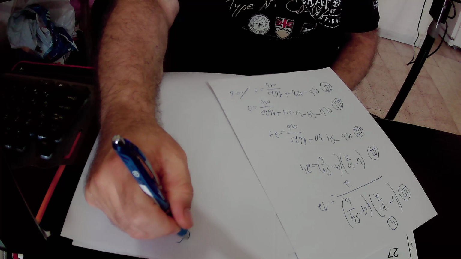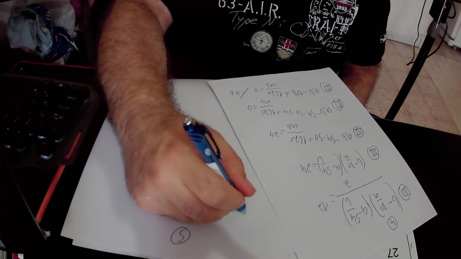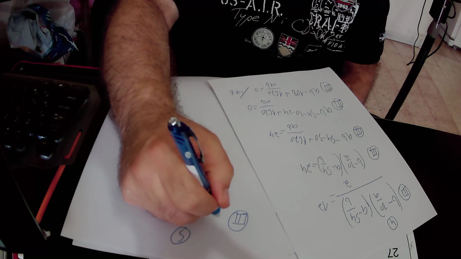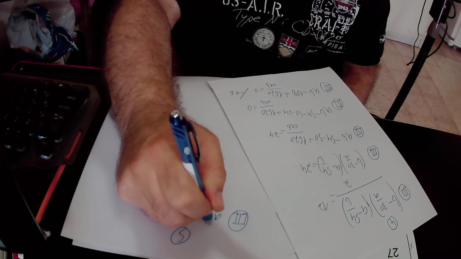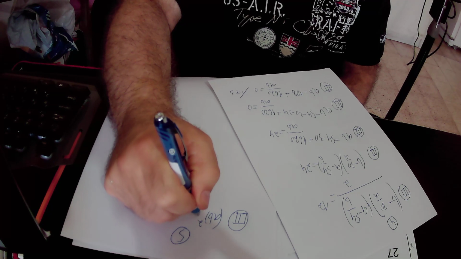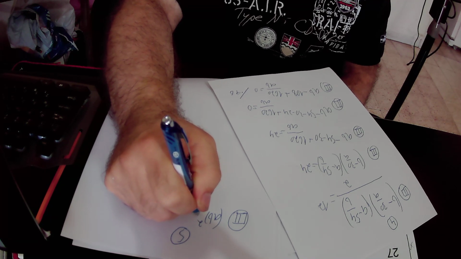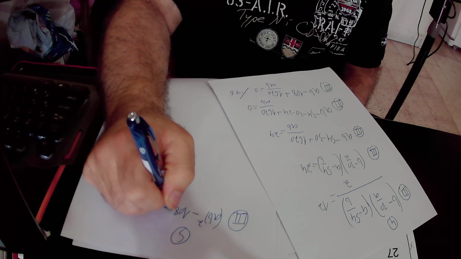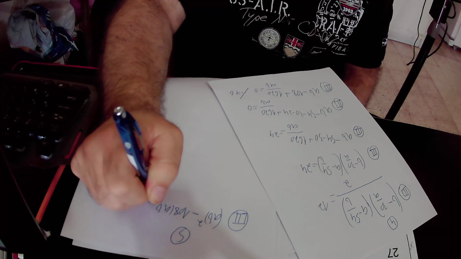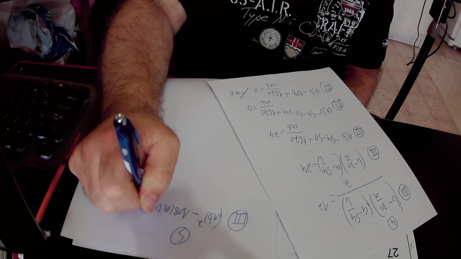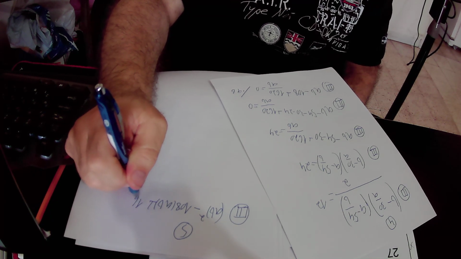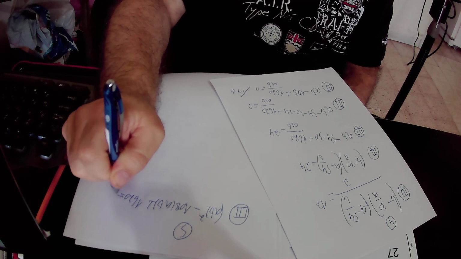We will get that ab squared minus 108 ab plus 1620 equals 0.